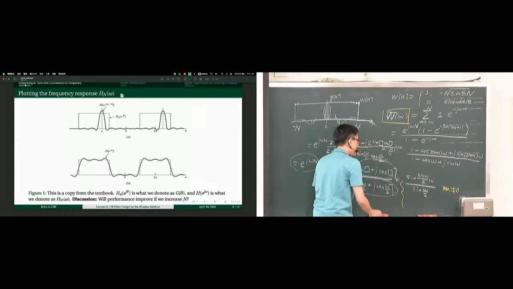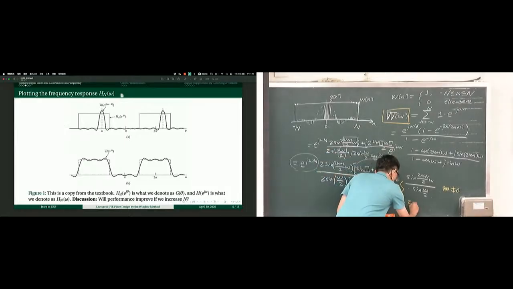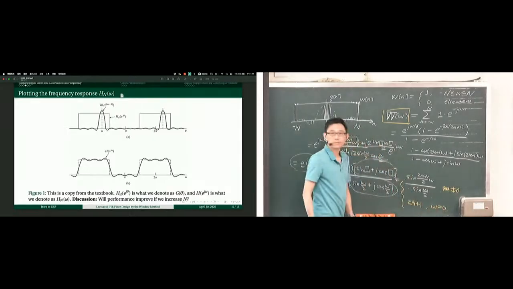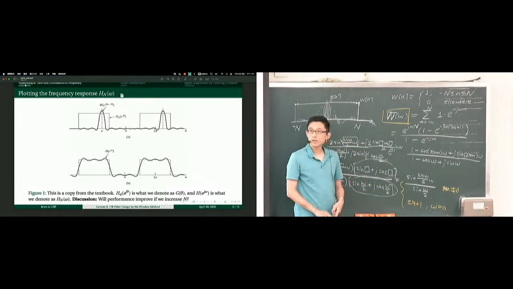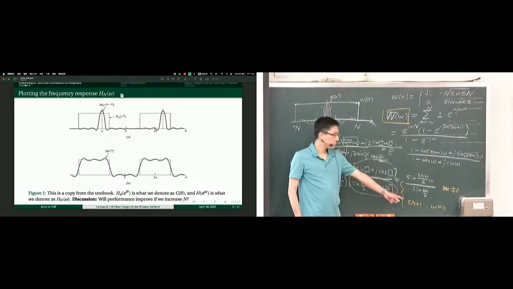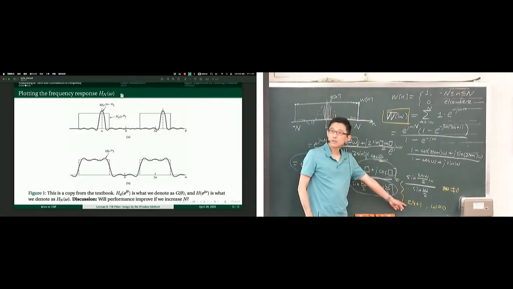And then when omega is 0, it is equal simply to 2n plus 1. Okay? So later we will come back to this. We will study that. So everybody okay with this? This is the final result.